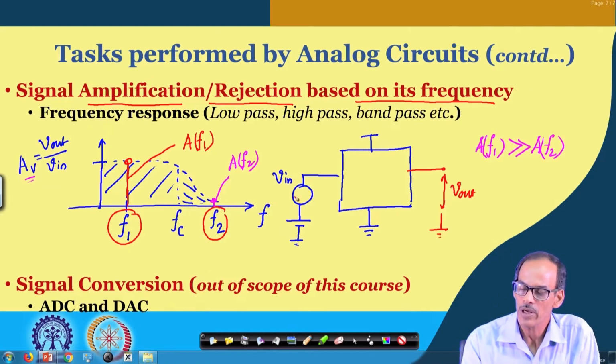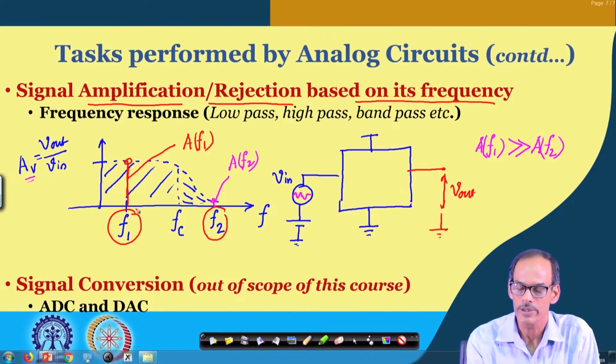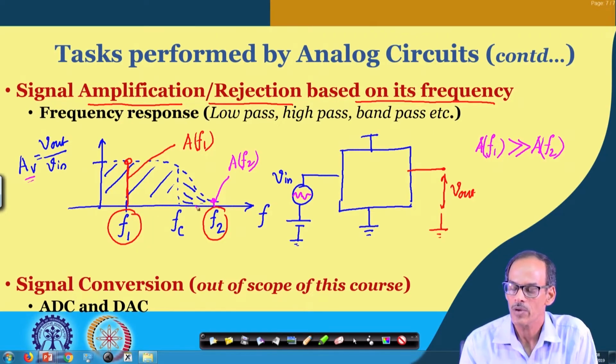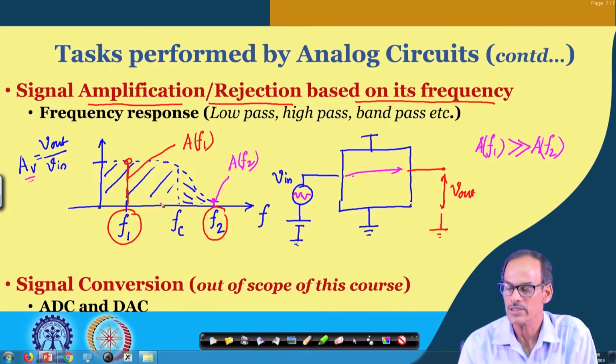So, if you have a signal, it may not be purely sinusoidal, it may be a combination of these two signals, or it may be having different frequency components. Now, depending on the frequency component, this circuit appreciates, say, low frequency signals, but then it rejects the high frequency components.